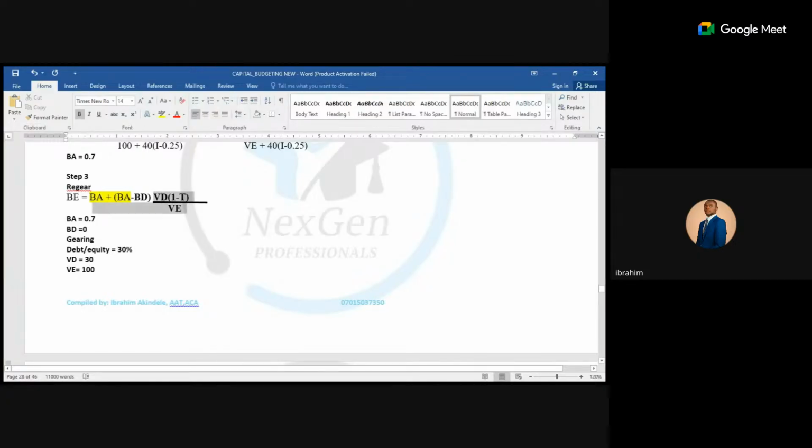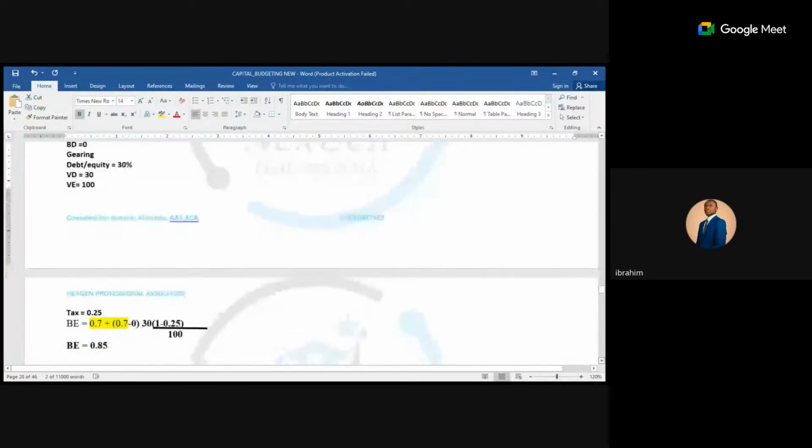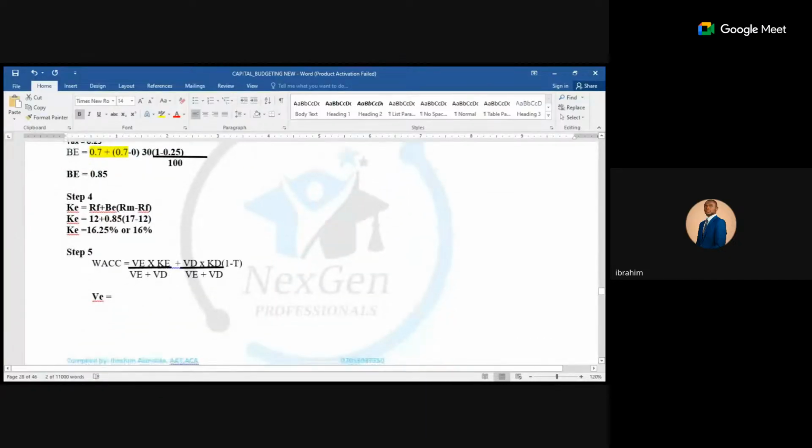Just pick all the information about the value of debt and the value of equity of the main company from here, and the tax. So we already have the value of equity to be 100, then the value of debt is equal to 30.